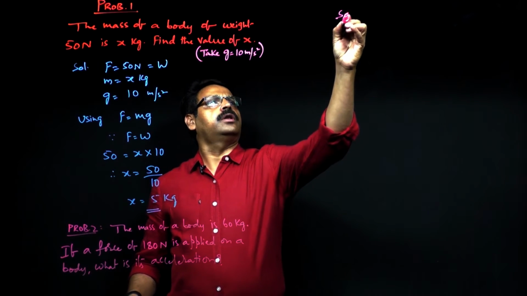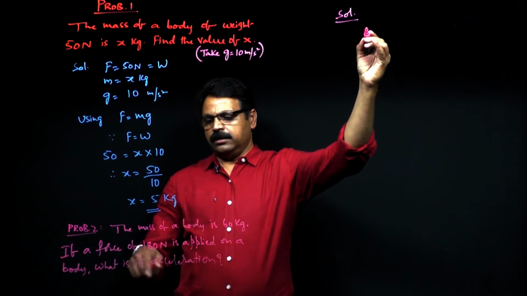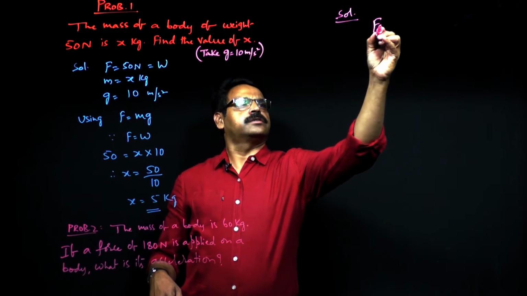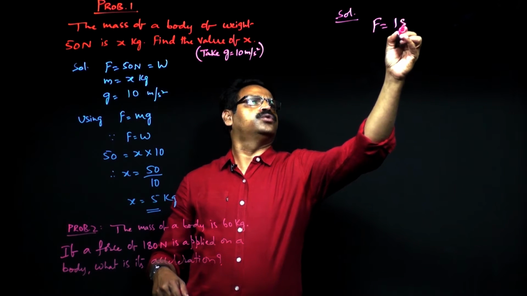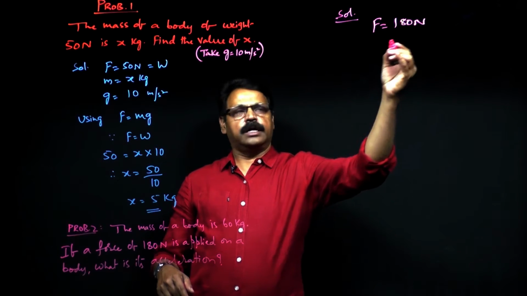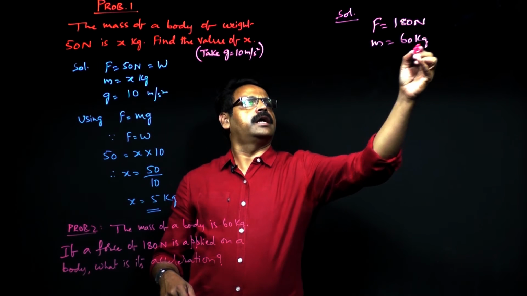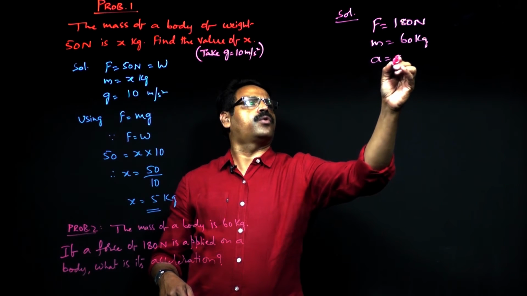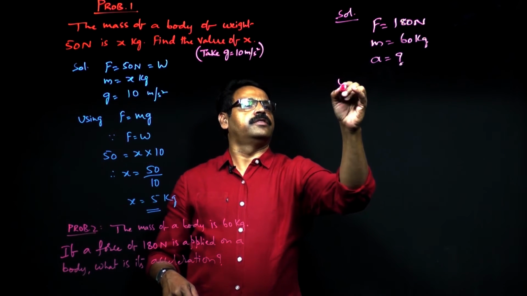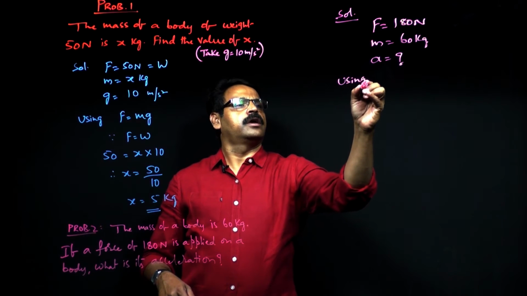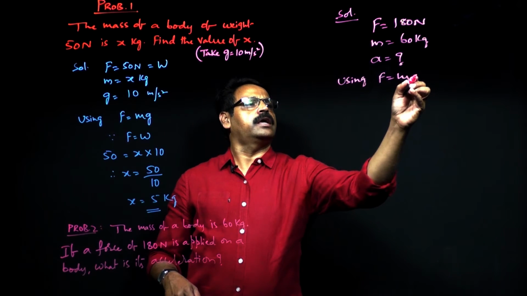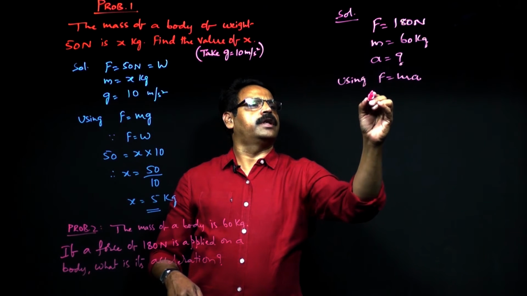If you write the data, force is given as 180 Newtons and the mass is given as 60 kilograms, and he is asking us to find the acceleration. Therefore, using F is equal to ma, substitute the values given.